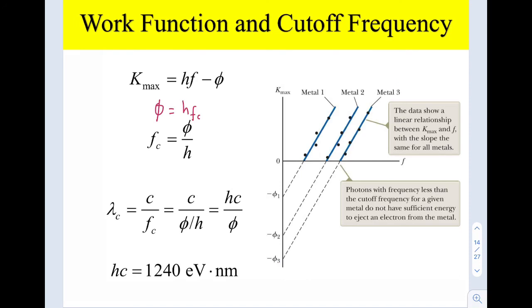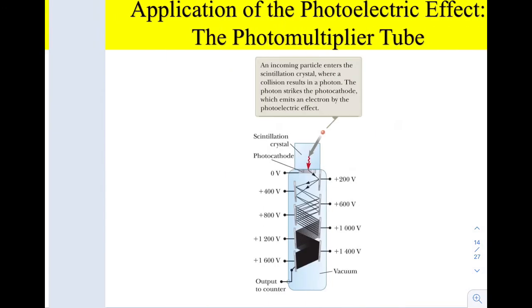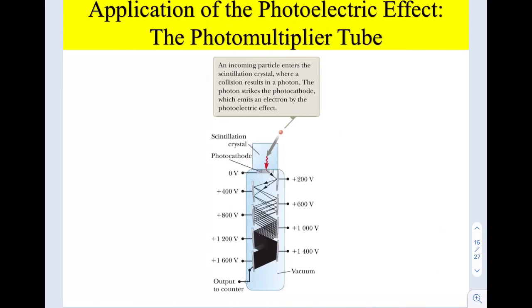The data show a linear relationship between kinetic energy maximum and f, with the slope the same for all metals. This is as predicted by the Einstein model. Photons with frequency less than the cut-off frequency for a given metal do not have sufficient energy to eject an electron from the metal.